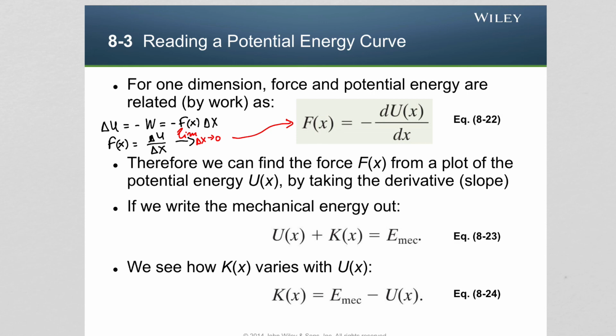If we want to find the kinetic energy, when we know the mechanical energy and the value of the potential energy function at a specific position, we simply take the difference of the mechanical energy and the potential energy function at that particular position. Remember that the mechanical energy is constant for the object, so therefore it does not depend on position.